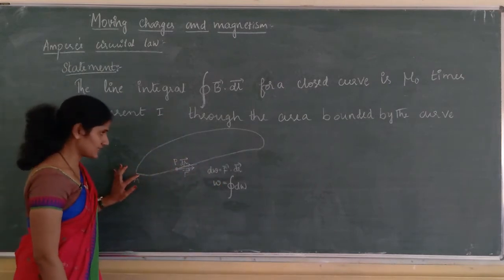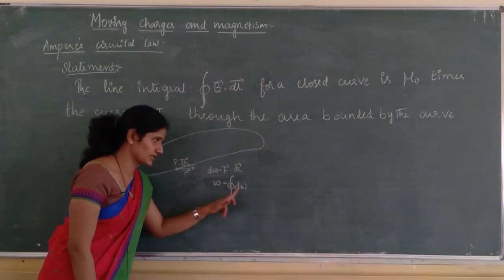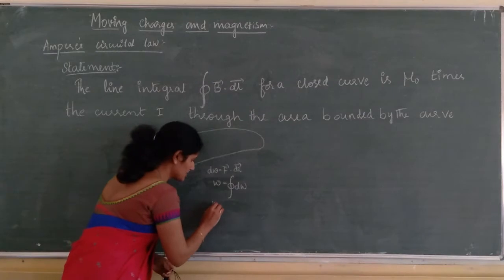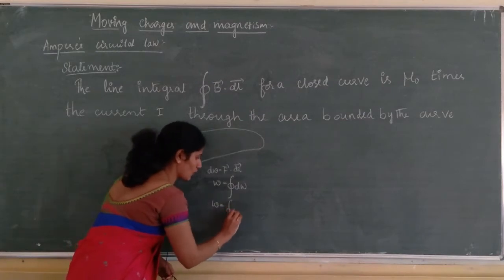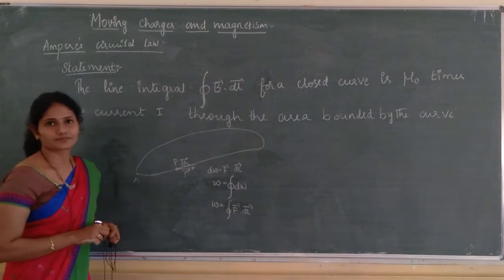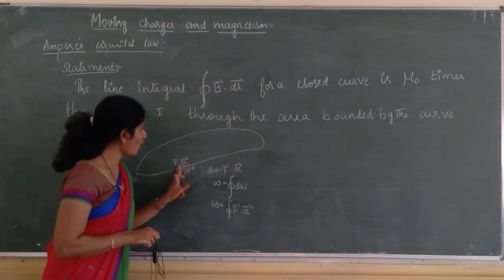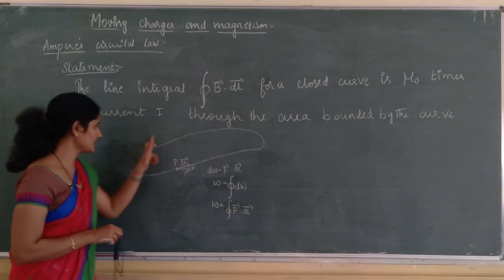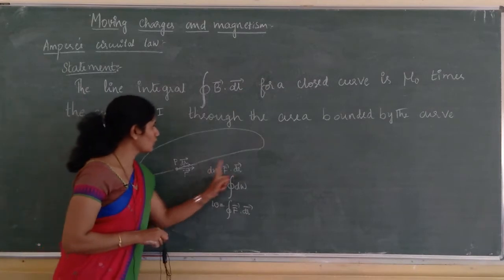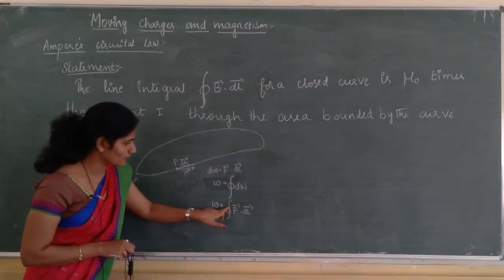So the total work done is the closed line integral of dW, or W is equal to the closed line integral of F dot dr, right? On integrating all the dW's, we get the total work done over this closed loop. So this is the meaning of closed line integral.